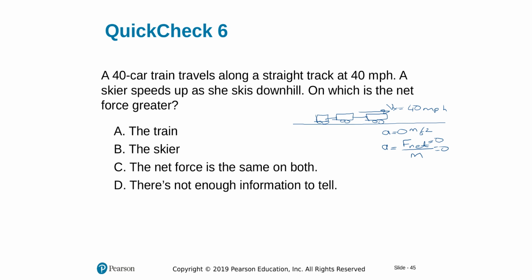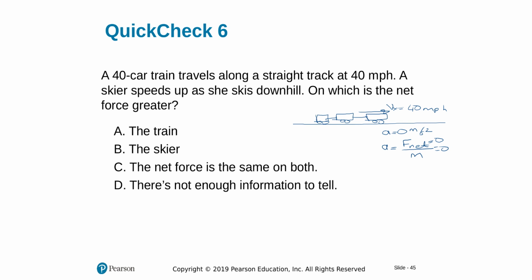Whenever we have constant velocity or a stationary object, no acceleration, no net force. Alright, so I walked through, I drew a picture, I got some information that I can deduce from what is given here. 40 miles per hour, constant velocity, no acceleration, no net force.